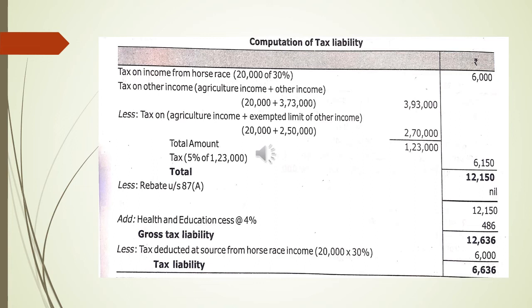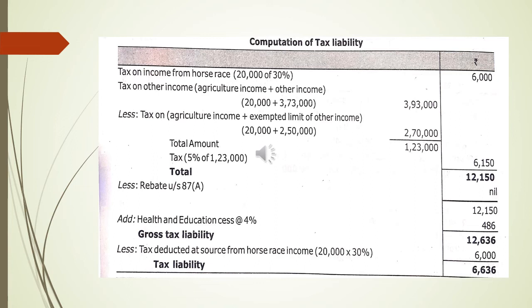So tax on other income, that is, we have 3,73,000 before adding the casual income. So to that total income, we have to add agricultural income 20,000. It becomes 3,93,000, minus tax on agricultural income plus ceiling limit.